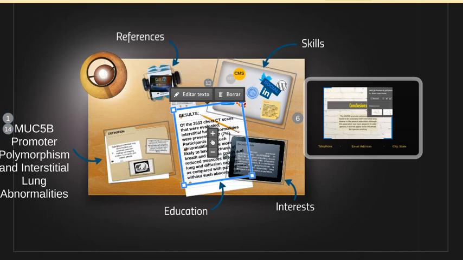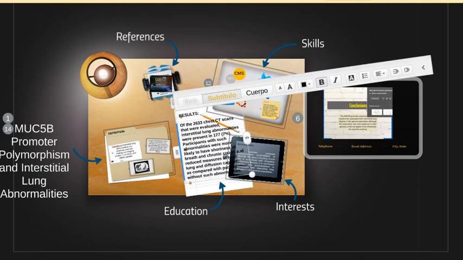The results. Of the 2,633 chest CT scans that were evaluated, interstitial lung abnormalities were present in 177, or 7% of the participants.